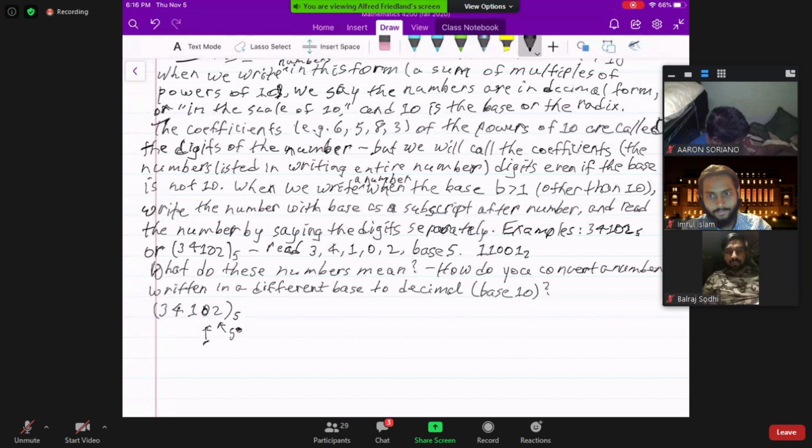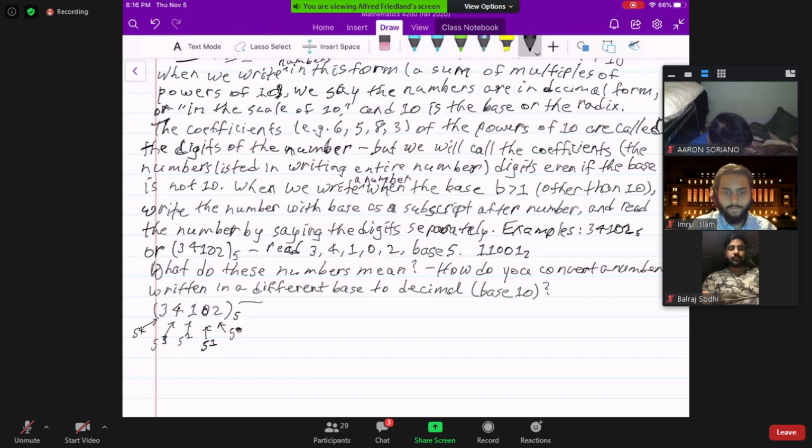The 0 is the number of 5 to the firsts. The 1 is the number of 5 to the second. The 4 is the number of 5 to the third, and the 3 is the number of 5 to the fourths.